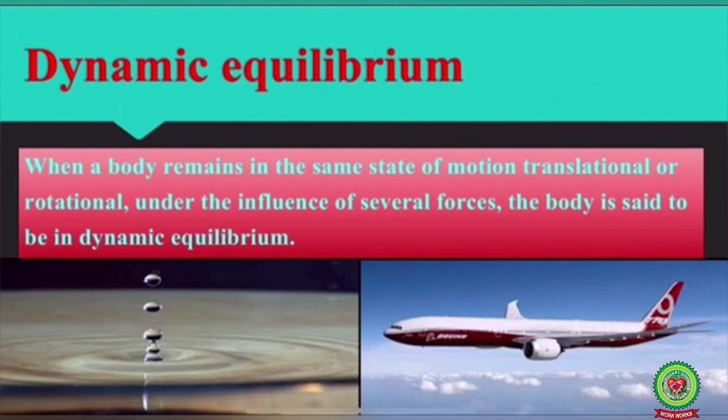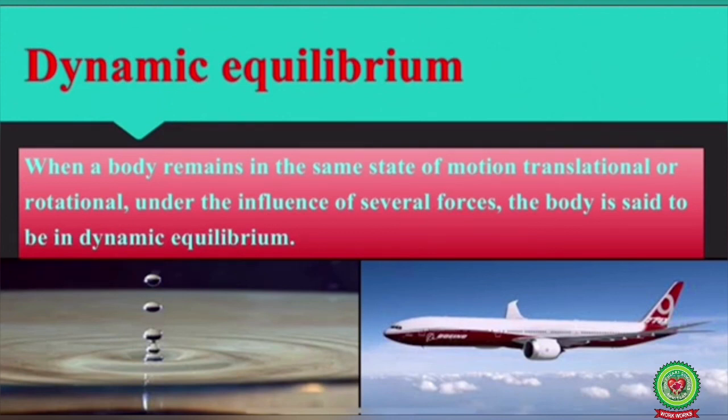So we can say that these both are in a state of dynamic equilibrium. The number of forces acting on them are not able to produce any change in their state of motion. Right? So when a body remains in the same state of motion, translational or rotational, under the influence of several forces, the body is said to be in dynamic equilibrium.